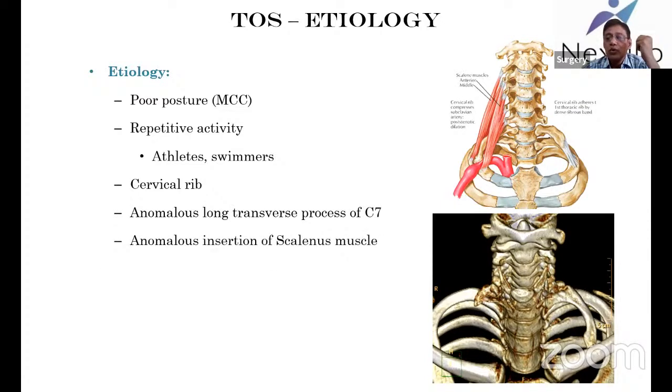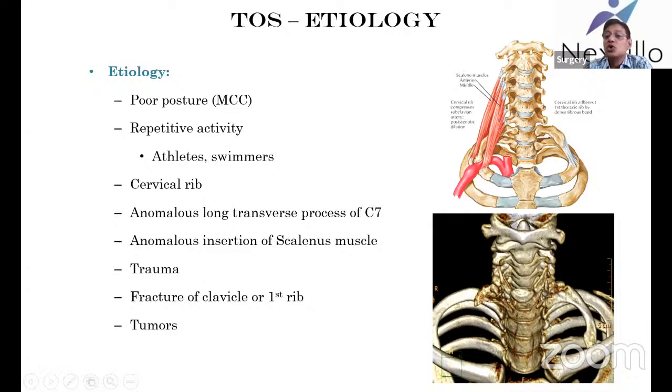Then this may be due to anomalous insertion of the scalenus anticus muscle, that this moves a little bit backward, or this may be bifid, ultimately compressing these structures. Then this may also be due to trauma to this area. The other important reason that we may have is the fracture of the first rib, which may compress it.